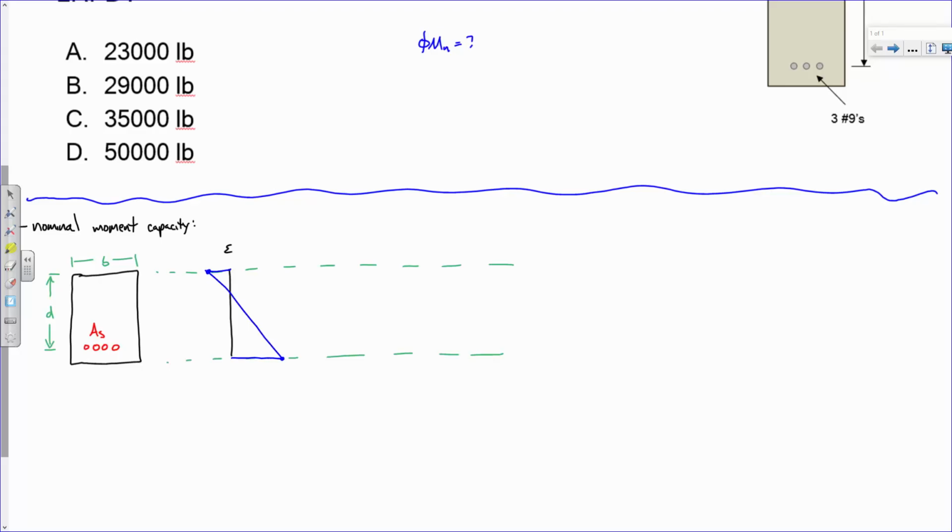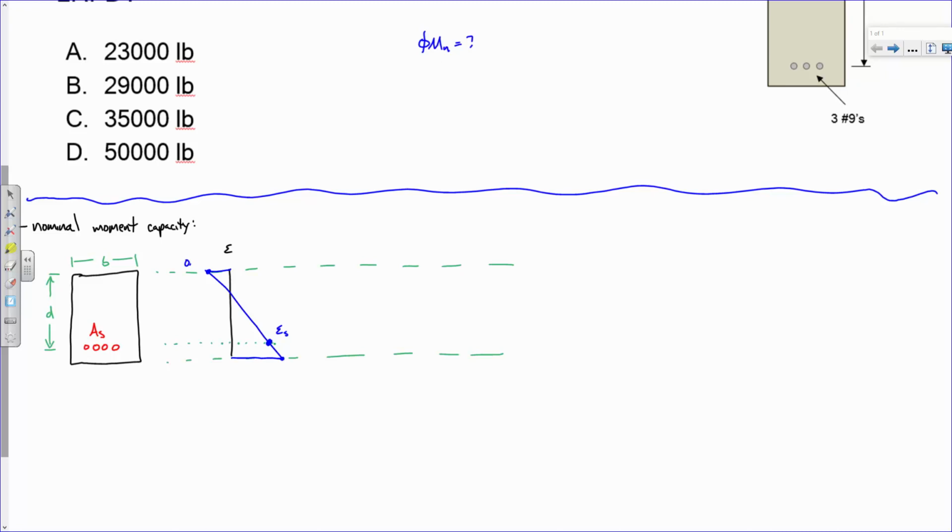So what do we know? We know that this point here is the strain in the steel, right? That's the strain in the concrete. Quiz. Anybody remember what the maximum usable strain that we assume for concrete is? 0.003. We always assume that is a constant value.